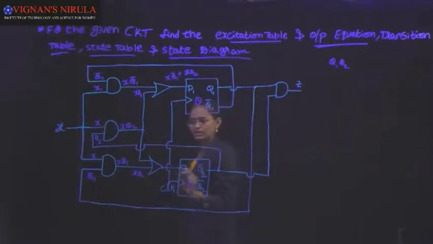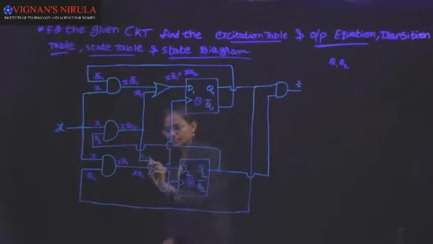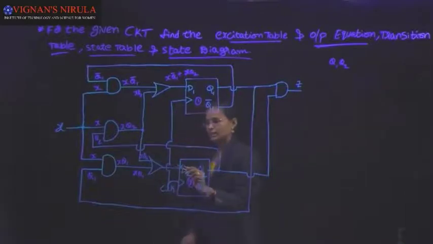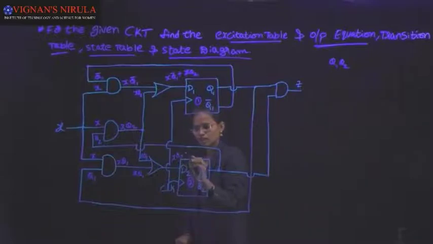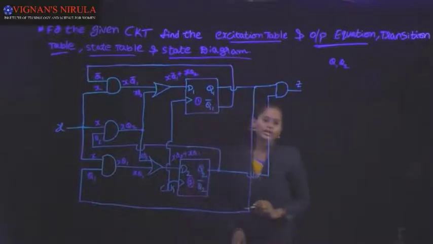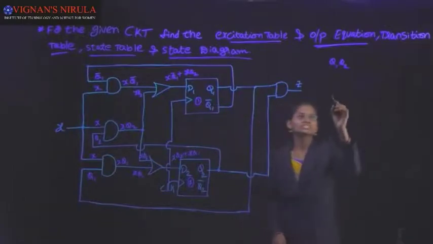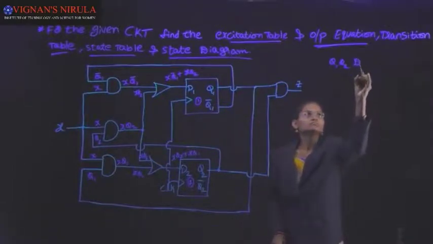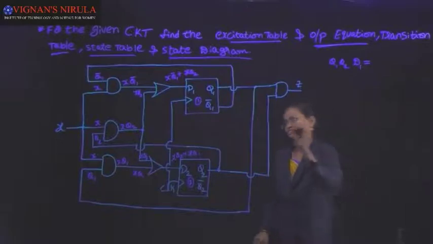And come to D2. What is the input here? X Q2 is there. In this, the input is X Q2 plus X Q1. This is the D2 input equation. First write down D1. What is the equation here?